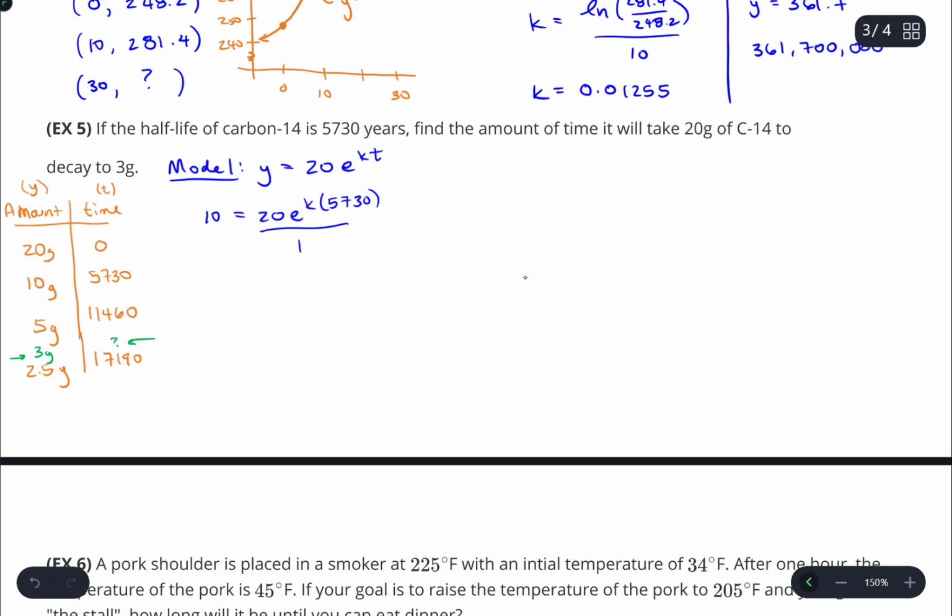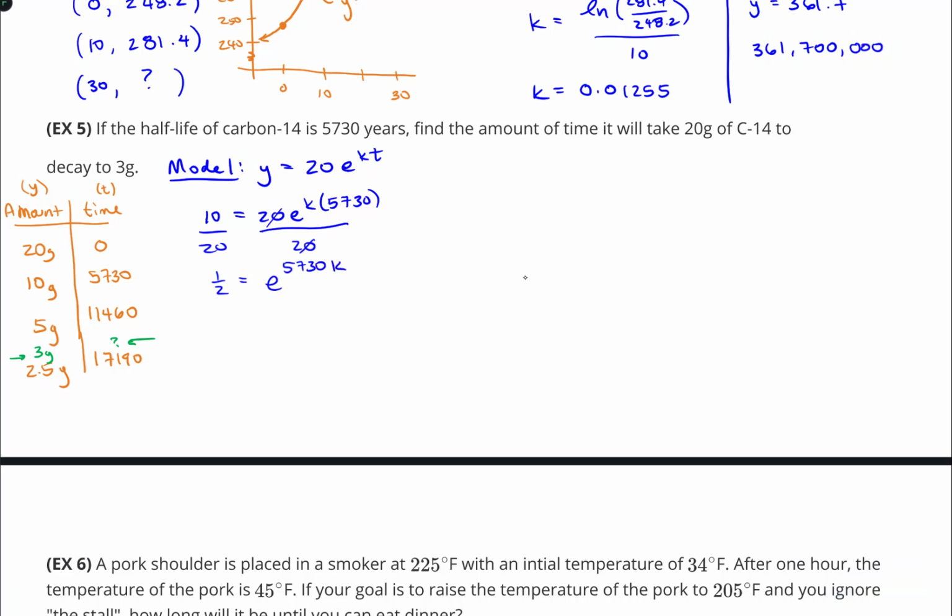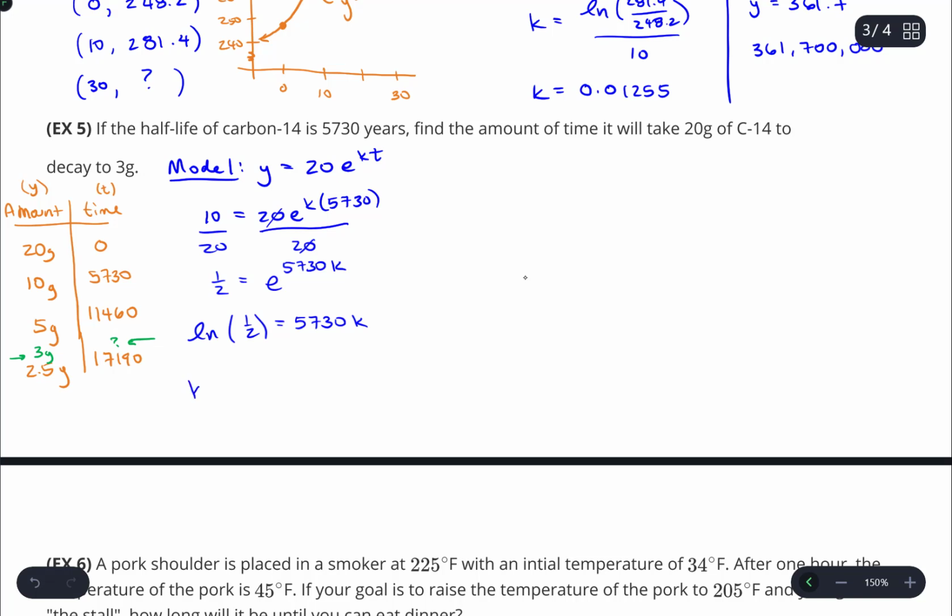When I divide by 20 to get the exponential by itself, that gives me 1/2 on this side equals e to the 5,730 times k. And if I change this into a logarithm, it would be a log base e, so a natural log, of 1/2 equals that exponent. And then just divide through by the exponent, so k would be the natural log of 1/2 divided by 5,730.